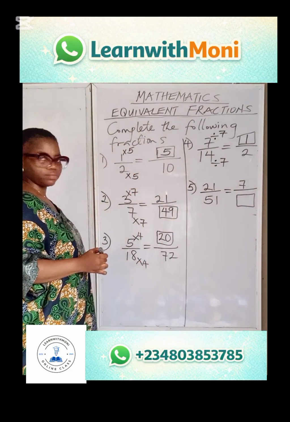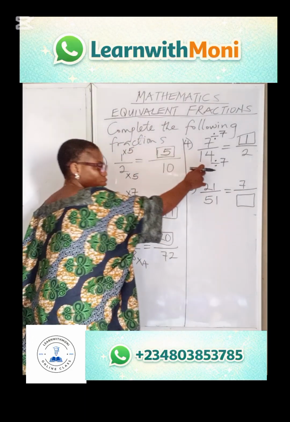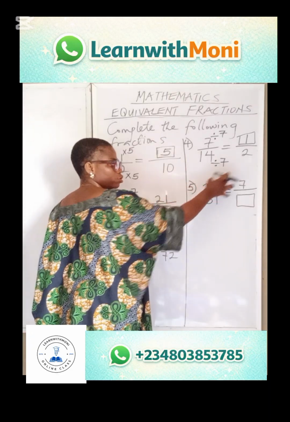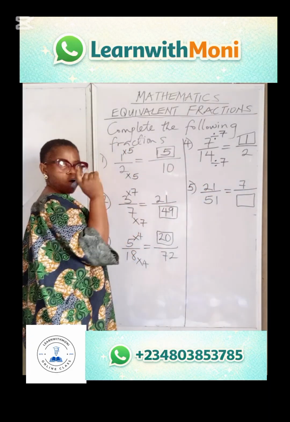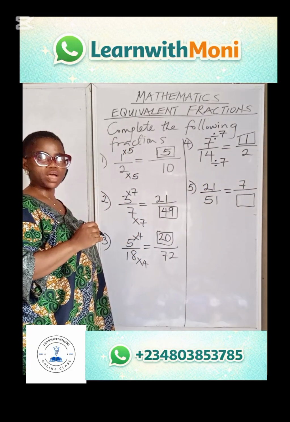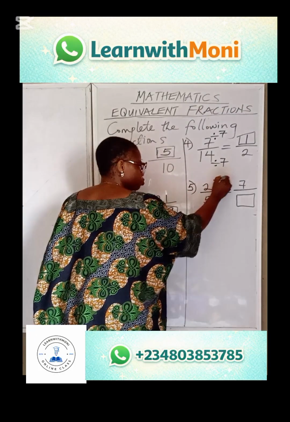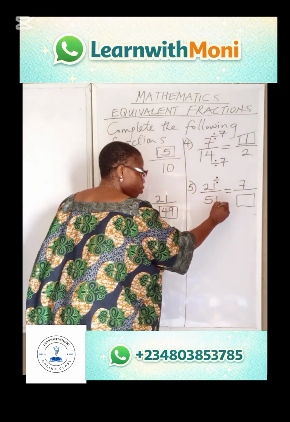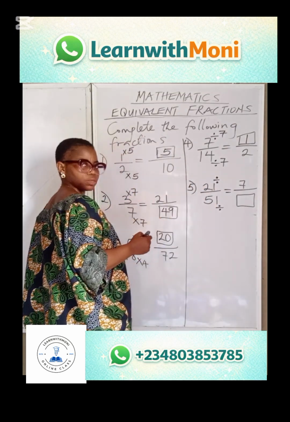Look at this case. I have 21 over 51. The 21 has shrunk to 7. The operations that make equivalent fractions shrink is division. So it means this 21 has been divided and the 51 must be divided also.